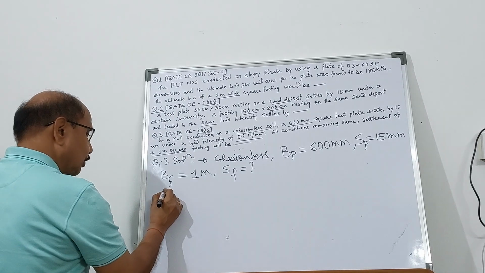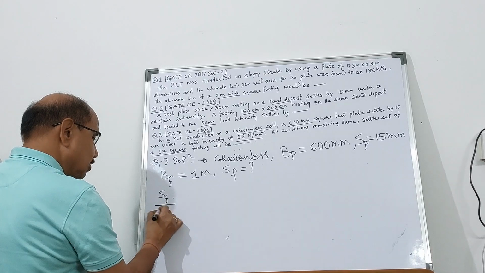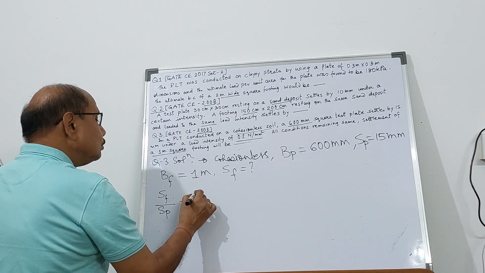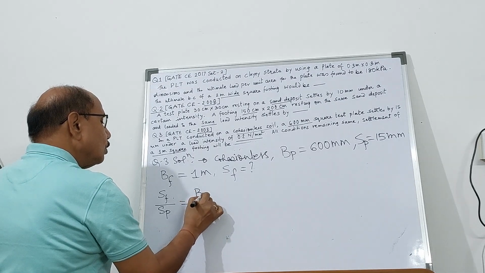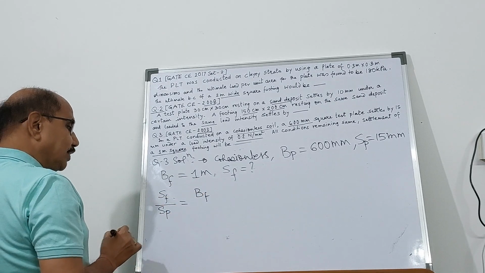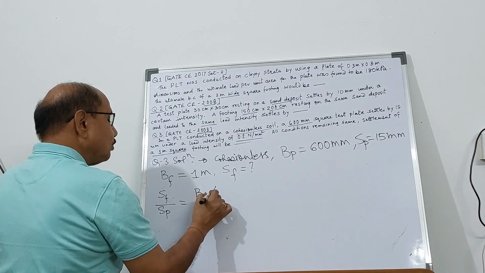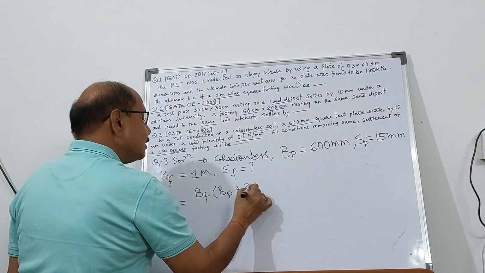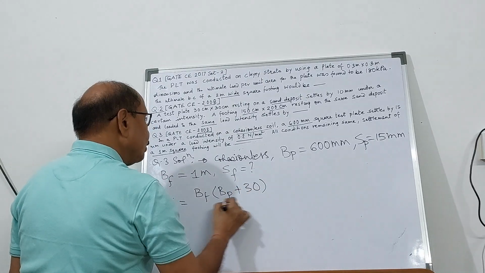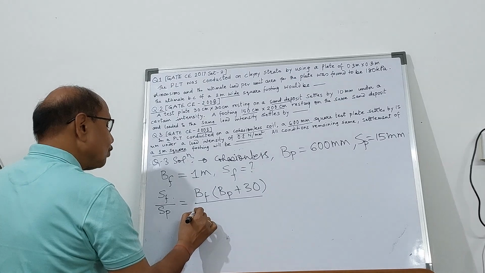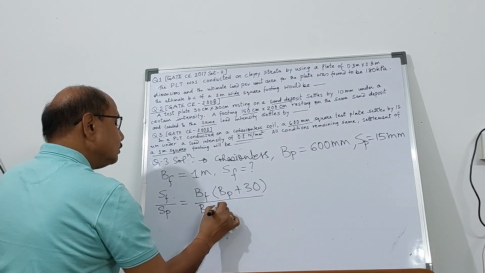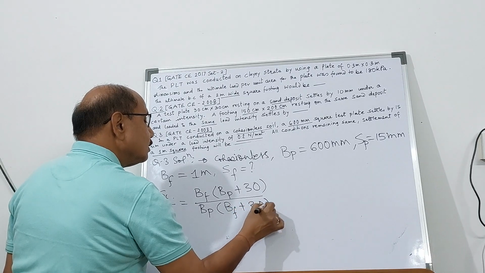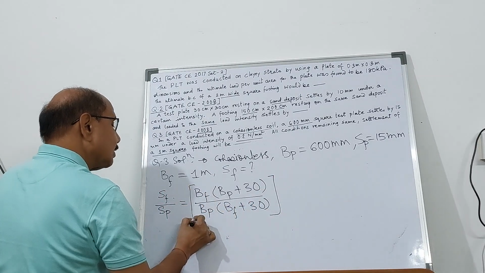So settlement of the footing upon settlement of the plate must be equal to width of the footing into width of the plate plus 30, divided by width of the plate into width of the footing plus 30, whole square.